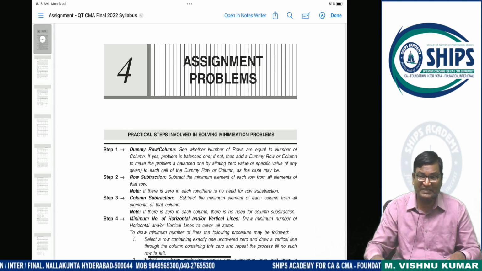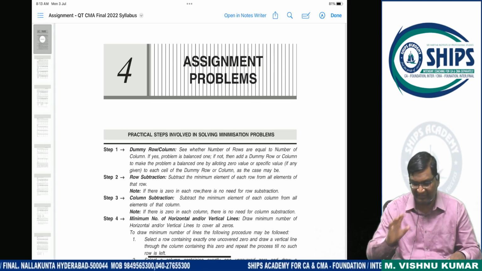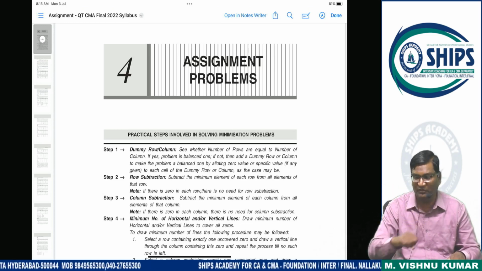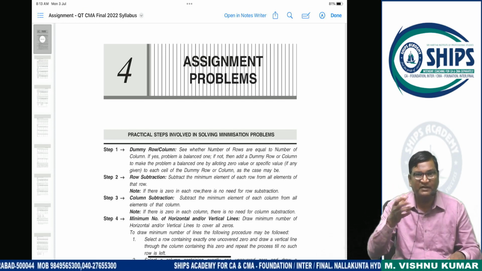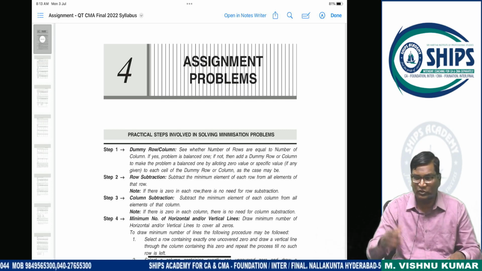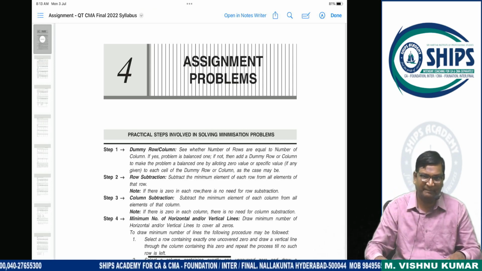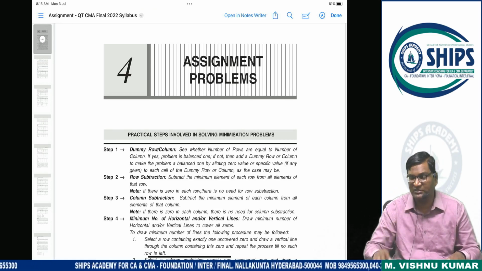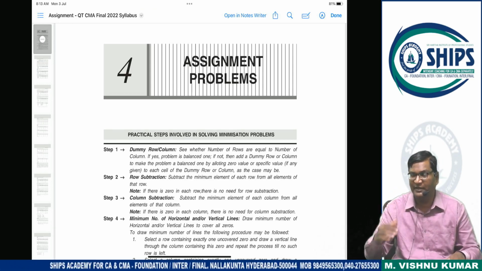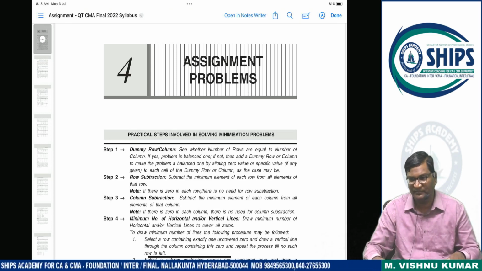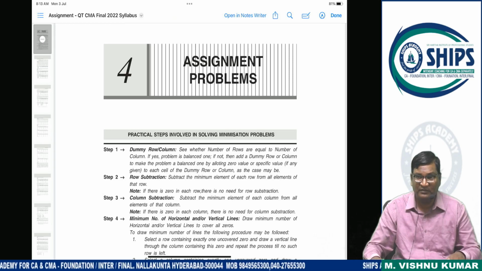So operational research is also termed as quantitative techniques. These techniques can be used in management decision making also, because your course is purely on what? Decision making. Once you become a cost and management accountant, ultimately you have to take decisions.